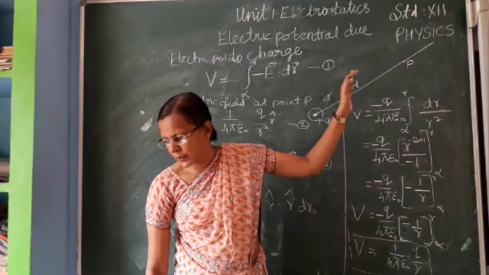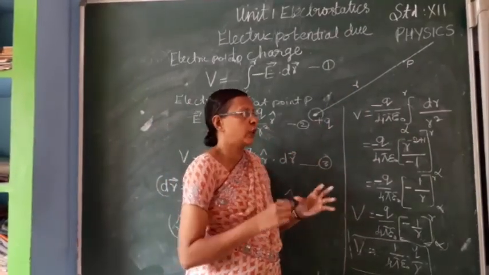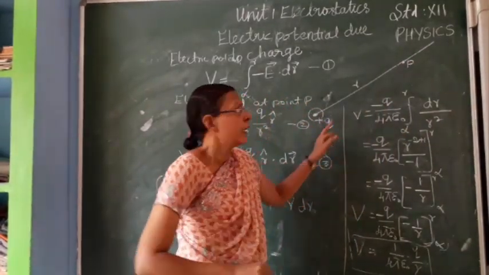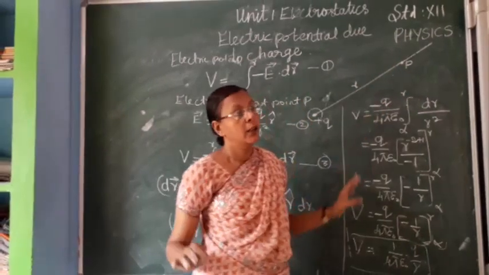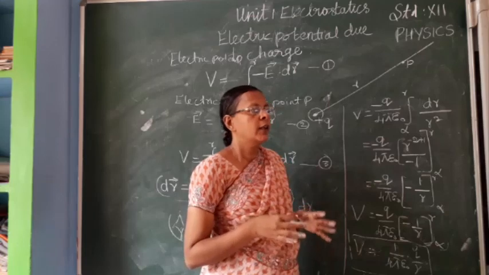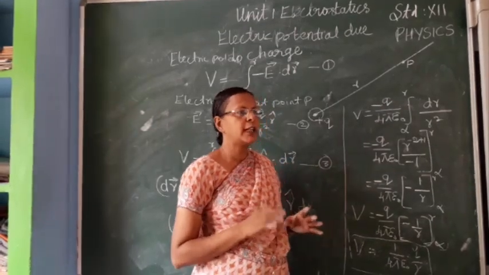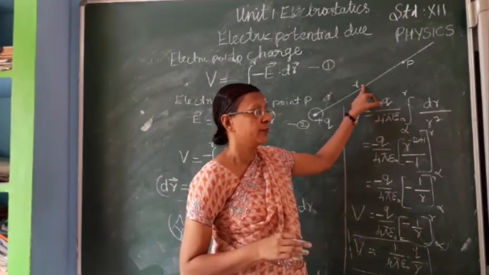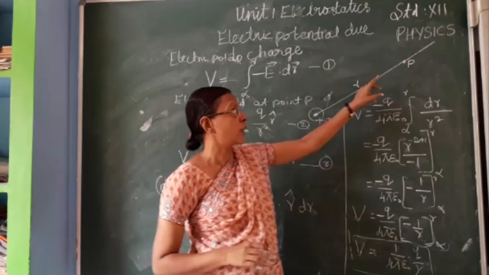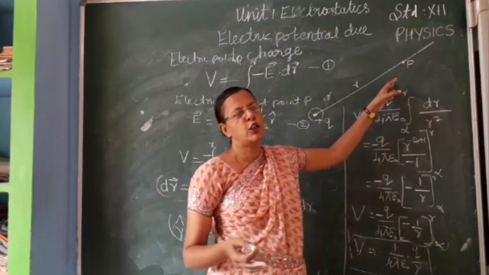Okay, next, if we want to find the potential of a collection of charges, here we have taken one single charge only. If the point P is surrounded by many charges, we have to find the vector sum of the electric potential of the individual charges.